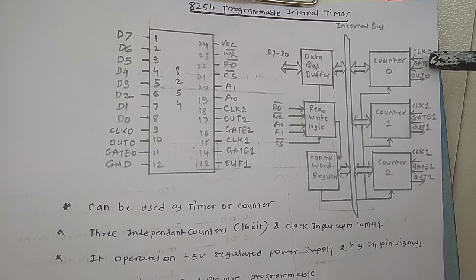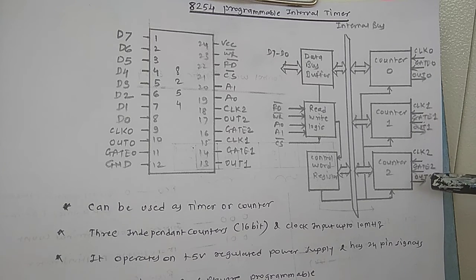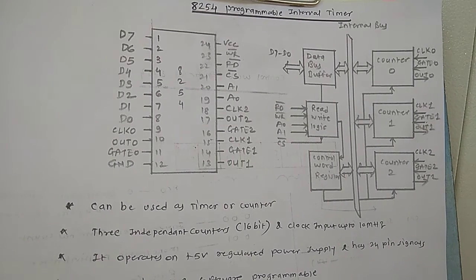If you can observe these 3 signals: 2 input, 1 output, 2 input, 1 output, 2 input and 1 output signal. So clock 0 and gate 0 are input signals for counter 0, and 1 output signal. Similarly, clock, gate are input for counter 1, clock, gate and then 1 output signal for counter 2.